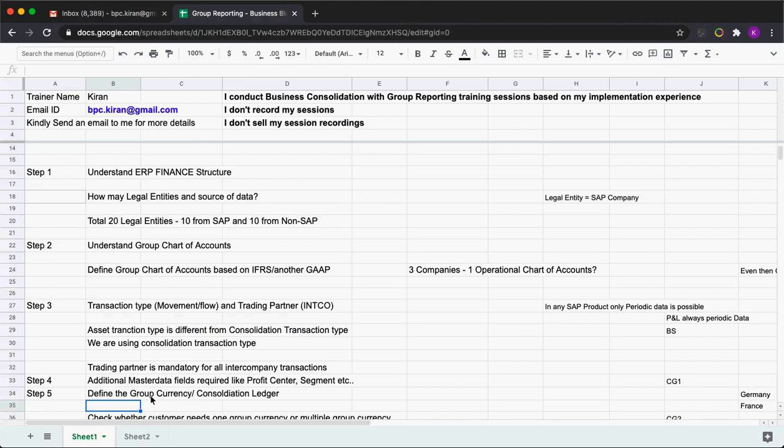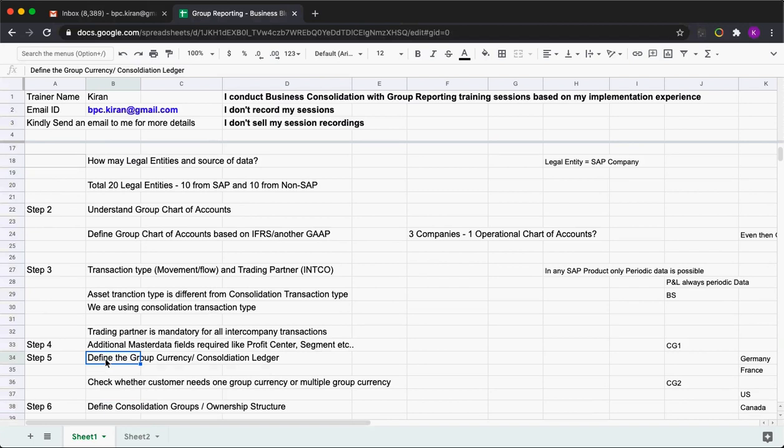If your customer wants more details for management consolidation or other reporting purposes, like profit center, segment, business area, you just add those additional master data fields that your customer is expecting in group reporting.